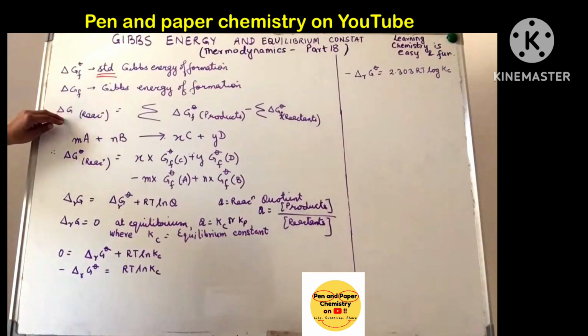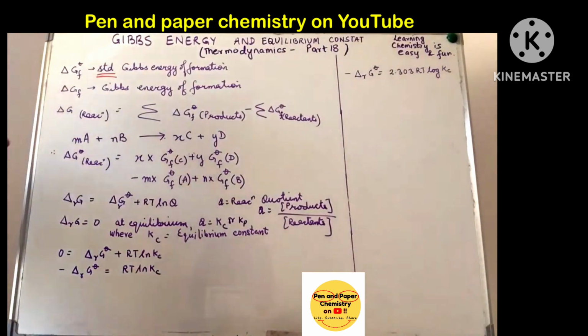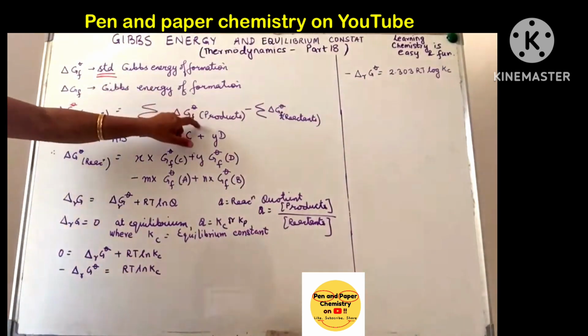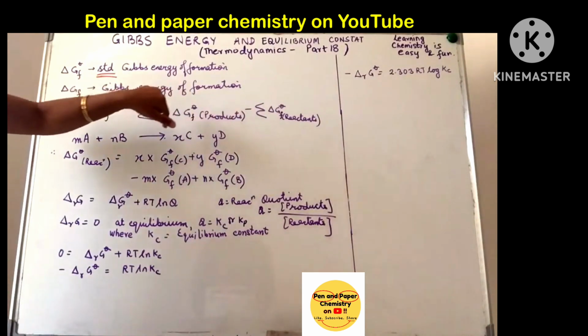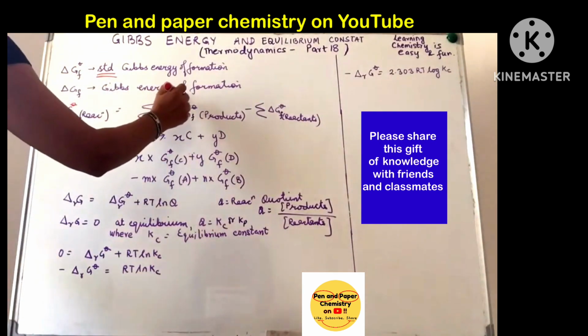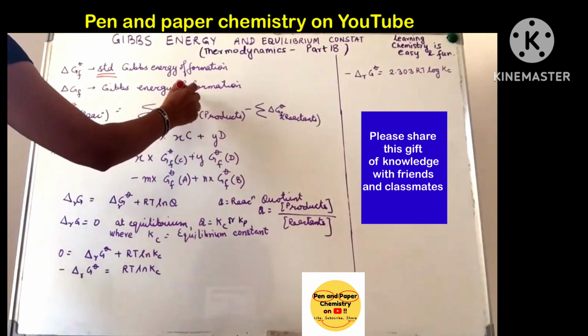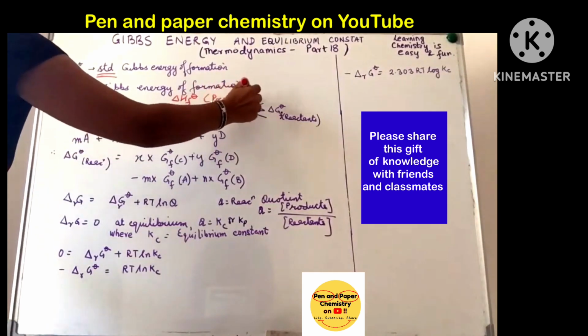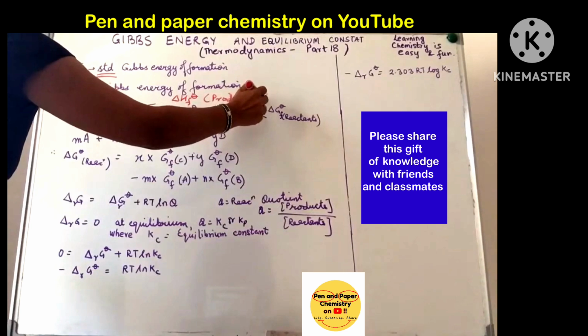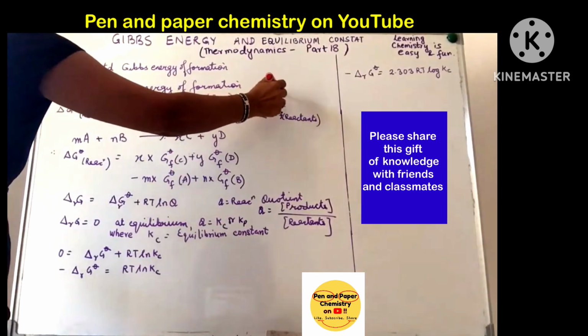Just like we had done for delta H, the total enthalpy of a reaction is the total enthalpy of the products minus the sum of the enthalpies of the reactants, right? If you remember, we had written equations for products and reactants like this, wherein we multiply by the coefficients.